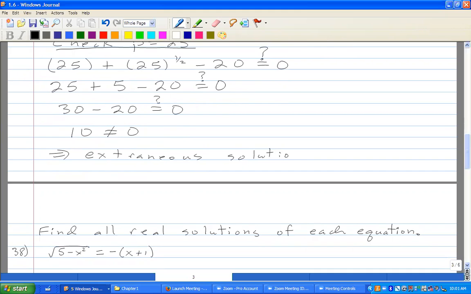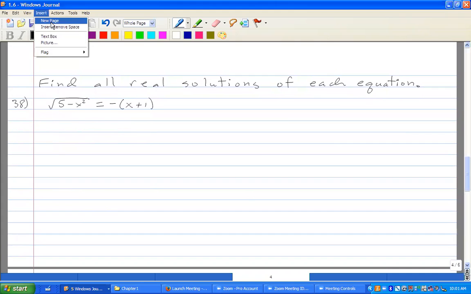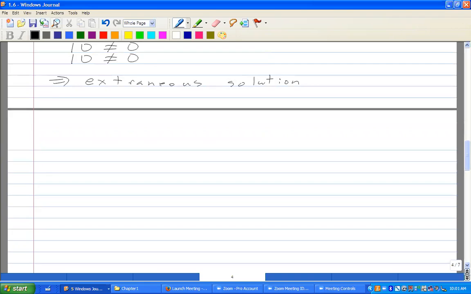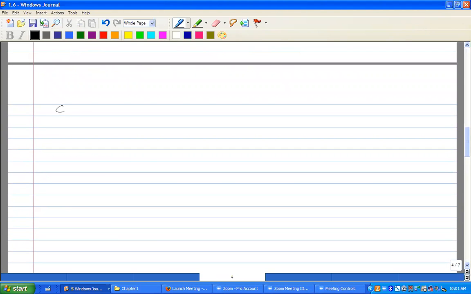Now I've got to check the other one. So let's check p equals 16. And let's see if that is a solution to our original equation.